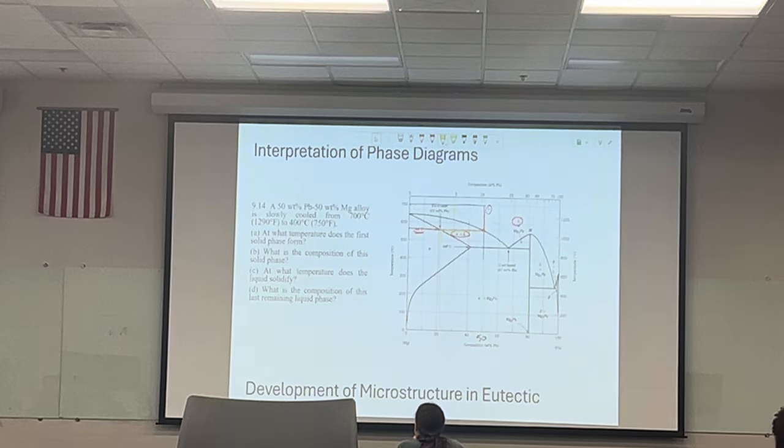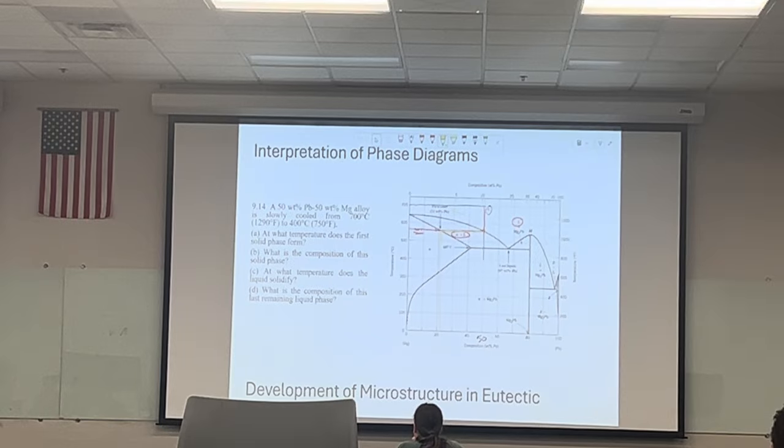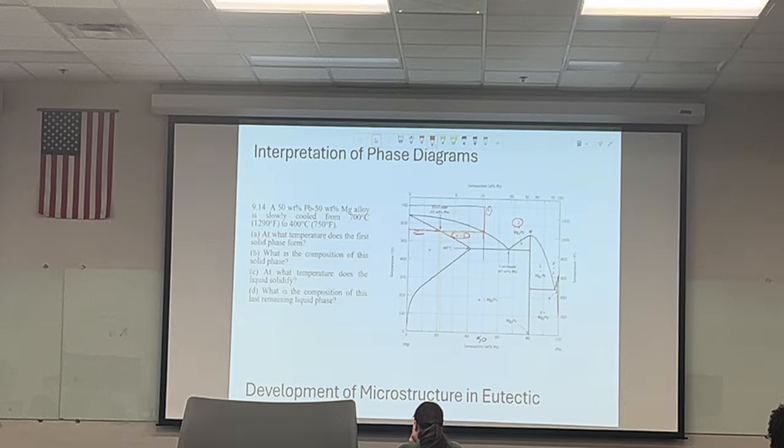In part C, you want to know at what temperature the liquid solidifies. The complete solidification of the alloy occurs at the intersection of this same vertical line at 50 weight percent with the eutectic isotherm, which is about 465. So if we take out our red marker again, essentially we're going right here to the 465.